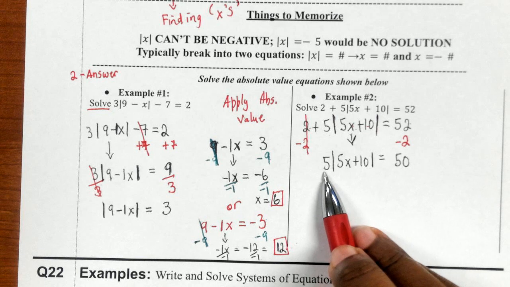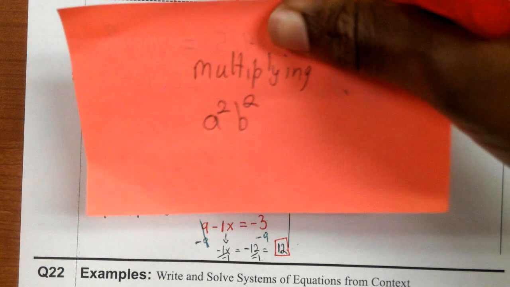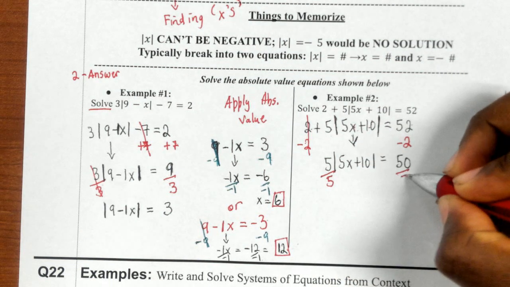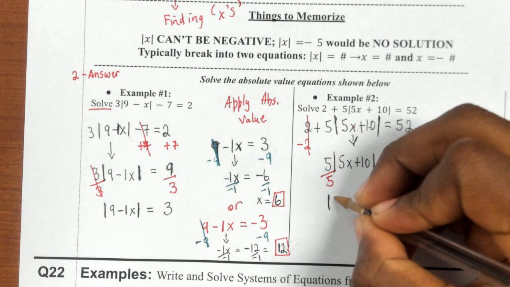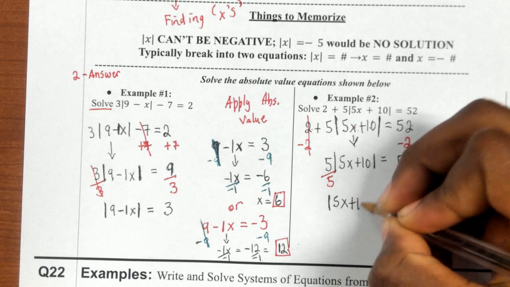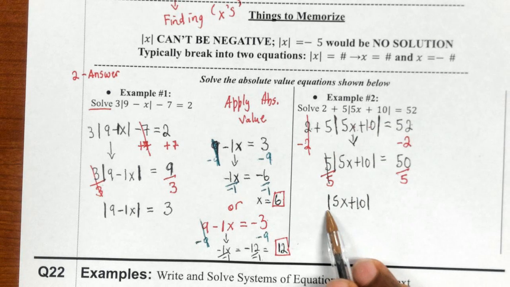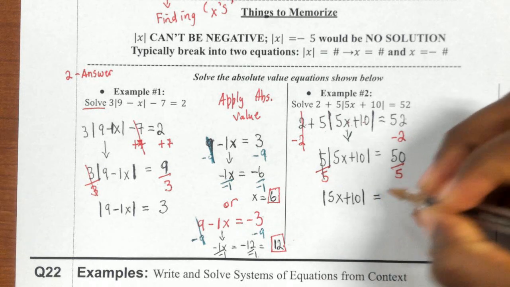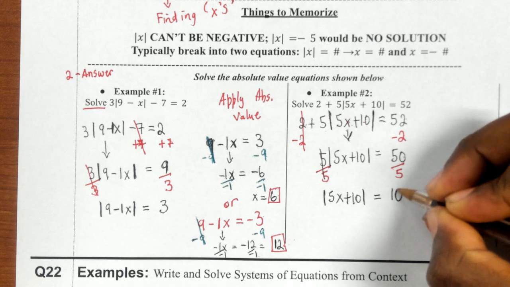To break up this attachment, again, to break up a multiply, you divide. So I'm going to divide by 5, dividing by 5. And now I have the absolute value of 5x plus 10, which is what I wanted. I wanted to get the absolute value all by itself. So 50 divided by 5 is 10.